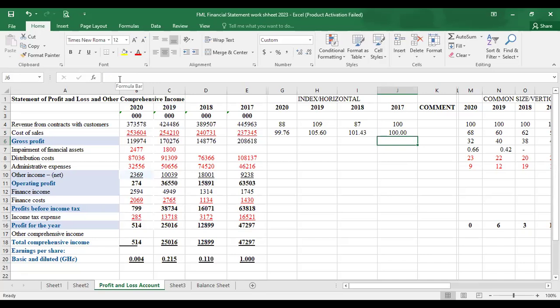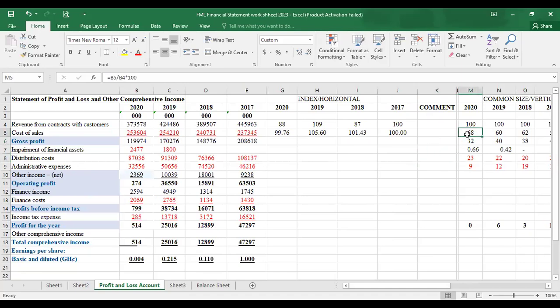So if we look at it percentage-wise, the cost of sales in 2020, did it decrease or increase? Decrease. Okay, so let's go back to how we interpreted the common size analysis.